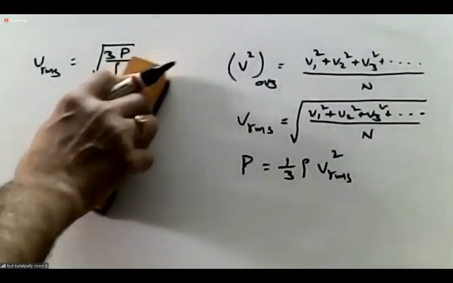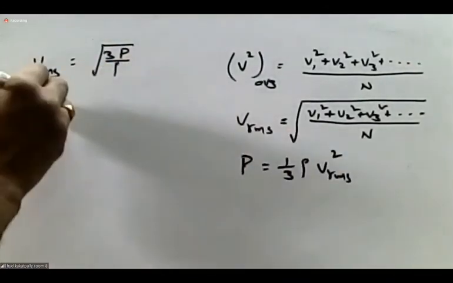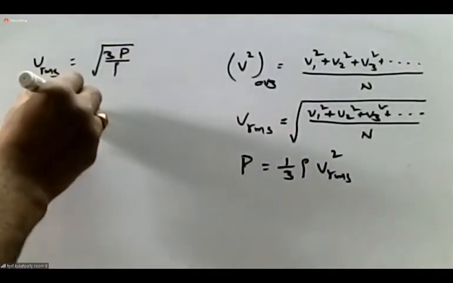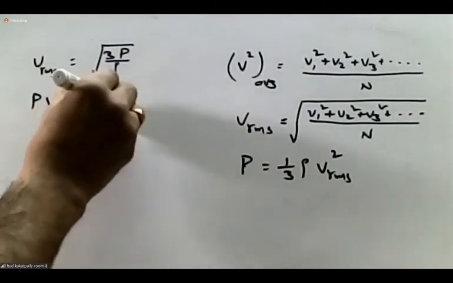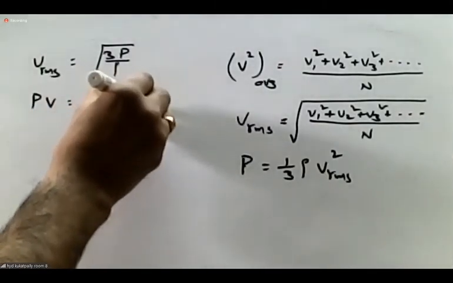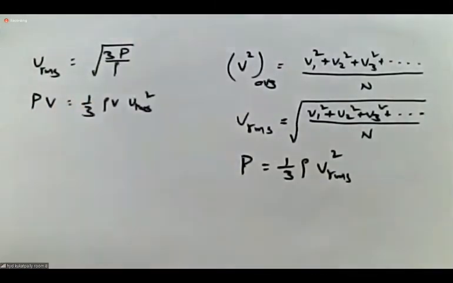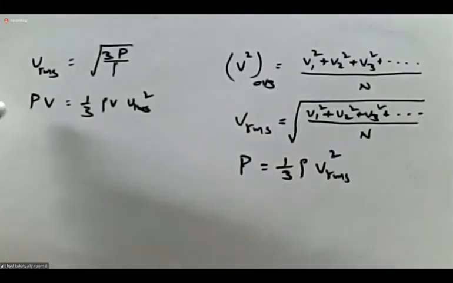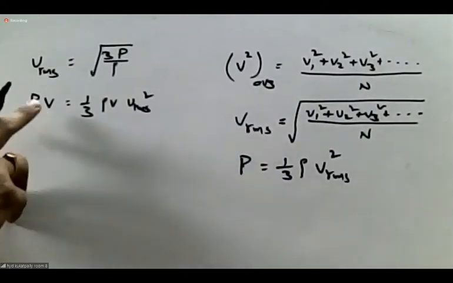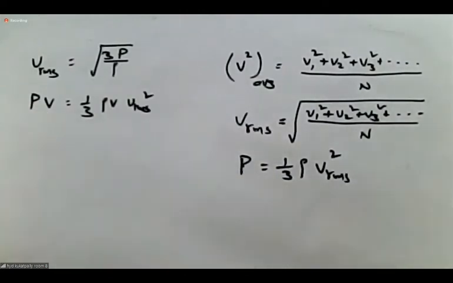Coming to, multiply with V volume: PV is equal to 1 by 3 rho V into V RMS square. P is Newton per meter square, volume is meter cube, so the product is Newton meter, work done. This PV is always joules unit, work done.